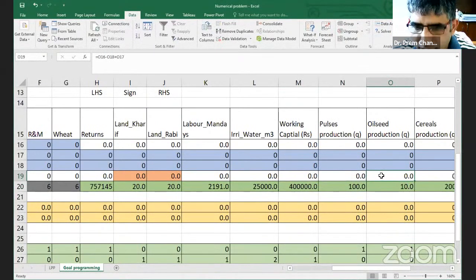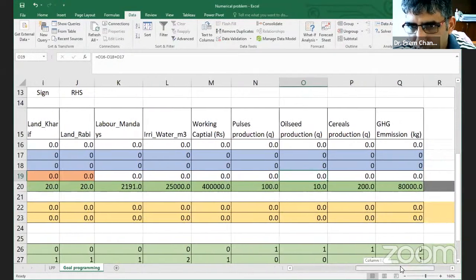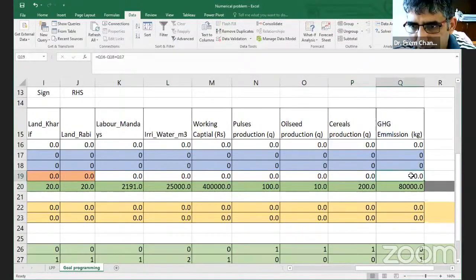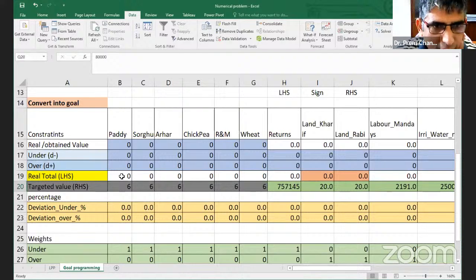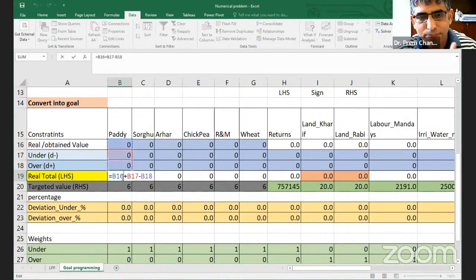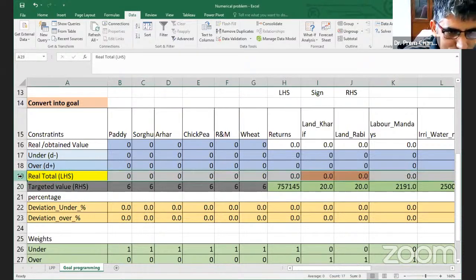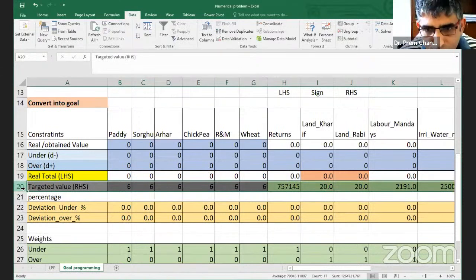Pulse production, I can accept less. Cereal production, I can accept less or more. So my goals I have expressed in the form of equations. My left hand side now becomes this row, and right hand side becomes these target values. Now I want my deviation to be minimum.